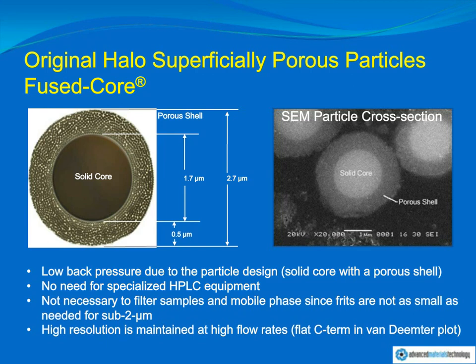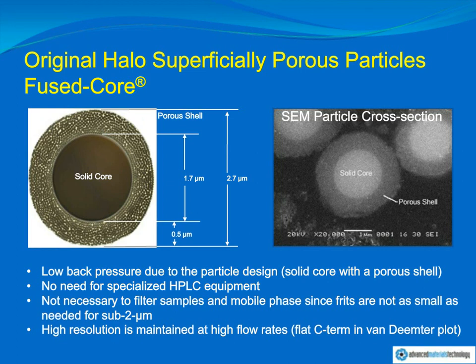On the right-hand side, you'll see that this is not merely a cartoon representation, but does reflect the way that the materials are actually built and used in liquid chromatography. That being a scanning electron micrograph of a particle that's been cut in cross-section. And you can see the dense core in the center of the particle surrounded by the porous, superficially porous shell.